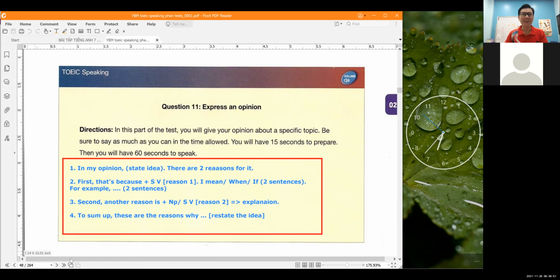What did you hear? I can hear this paragraph. This topic is about internet advertising. Good job. Internet advertising. And what reason?